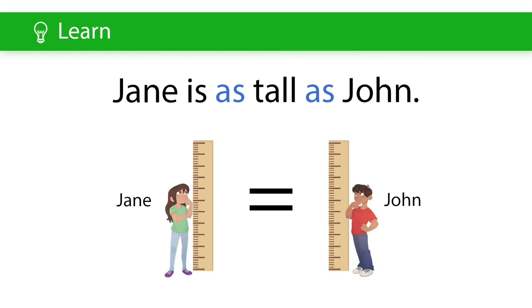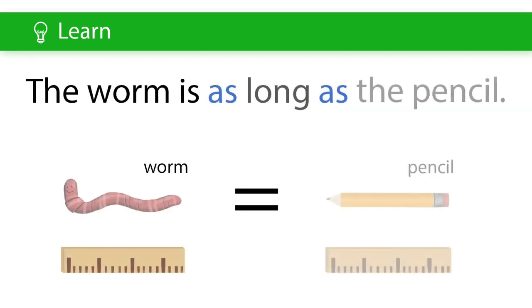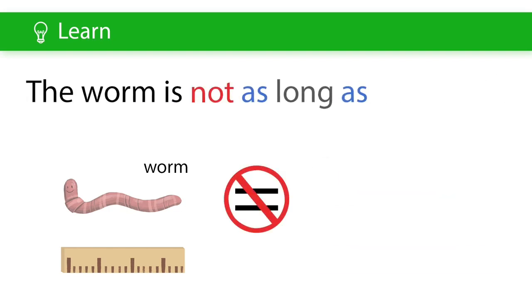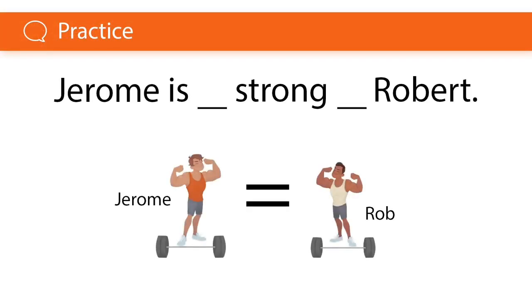Jane is as tall as John. Jane is not as tall as Sarah. The worm is as long as a pencil. The worm is not as long as the snake. Jerome is as strong as Robert.